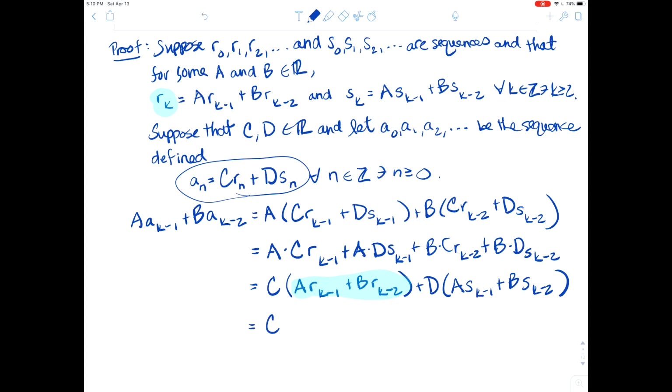So we would get C times R sub k plus D times, isn't the other one going to equal S sub k? And that's what we needed to show.